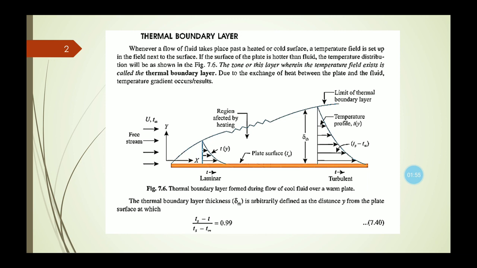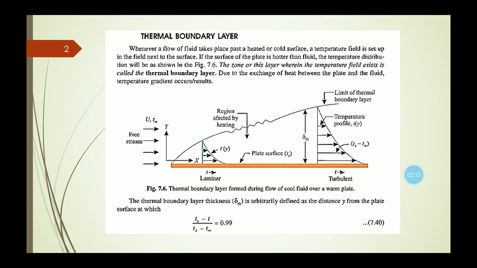So when a flow of fluid takes place past a heated or cold surface, then in that case a temperature field is set up in the fluid next to the surface.